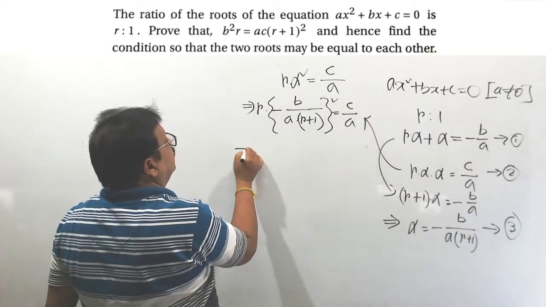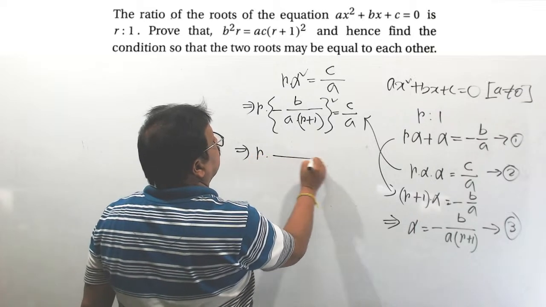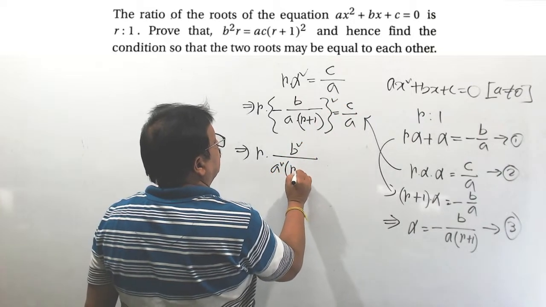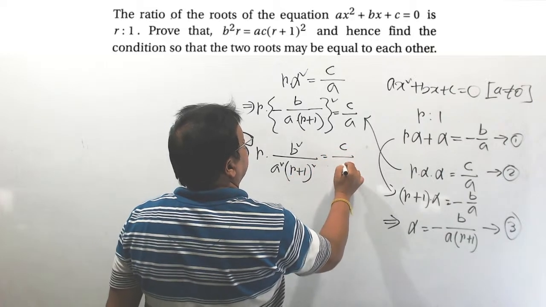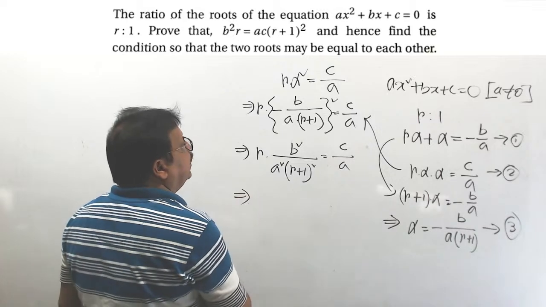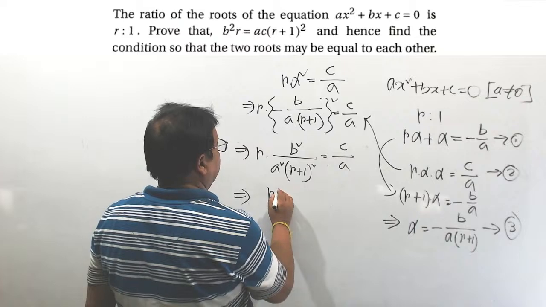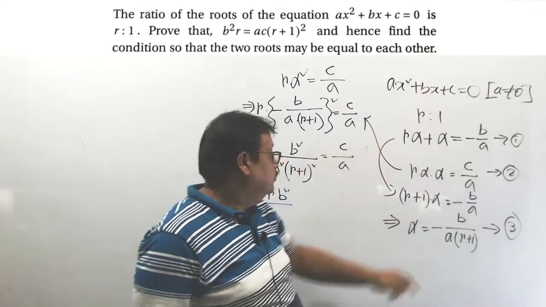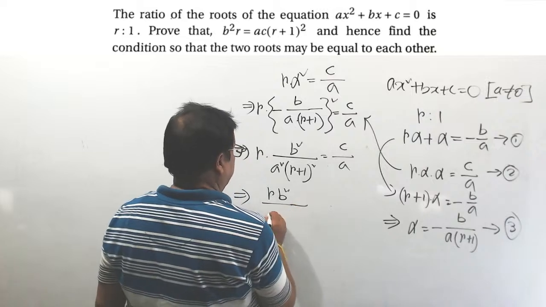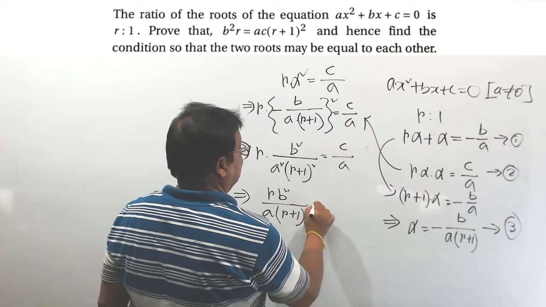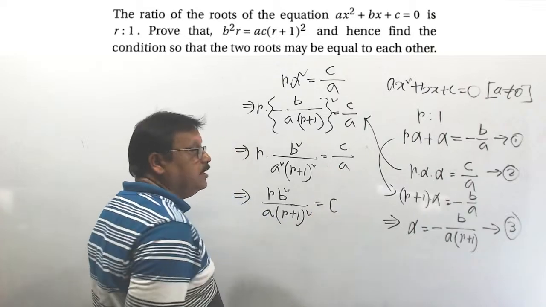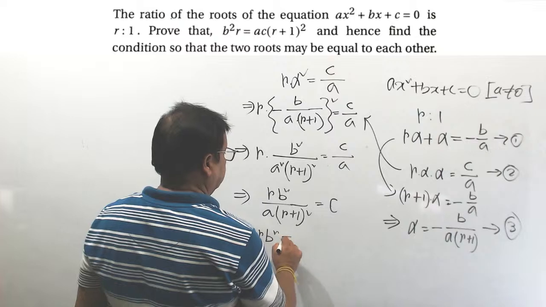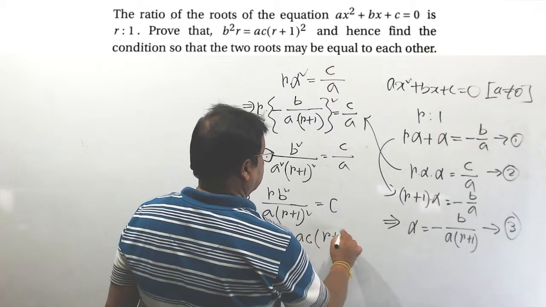Now simplify. এটা কি ইমপ্লাই করছে দেখো, r into মাইনাসটা ডিউ টু স্কয়ার কি হয়ে যাবে? পজিটিভ হয়ে যাবে। b স্কয়ার a স্কয়ার into r plus 1 হোল স্কয়ার is equal to c by a. বুঝতে পেরেছো? এটা ইমপ্লাই কি করছে দেখো, আর বি স্কয়ার এ স্কয়ার এ, যেহেতু এ এর ভ্যালু নট ইকুয়াল টু 0 তাহলে এ দিয়ে মাল্টিপ্লাই করে দাও, তাহলে কি হবে? a into r plus 1 whole square is equal to c by a means c by 1, that is c. এটি কি ইমপ্লাই করছে দেখো, b square r equals to ac into r plus 1 square.